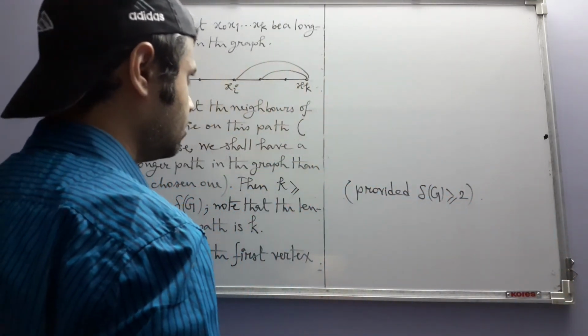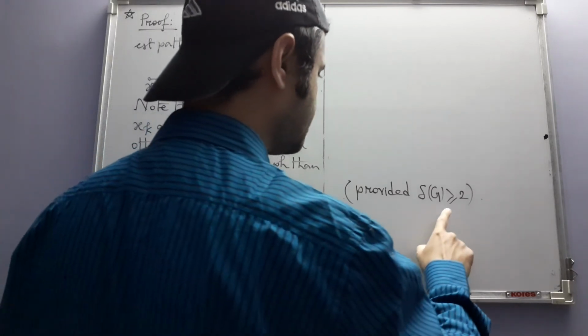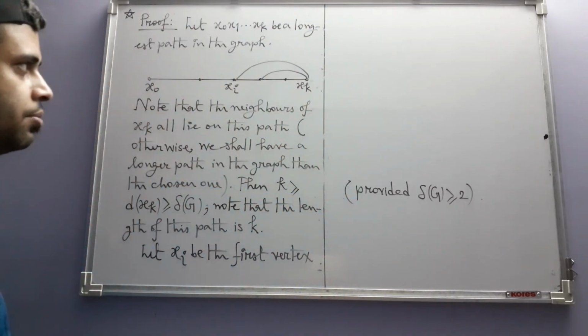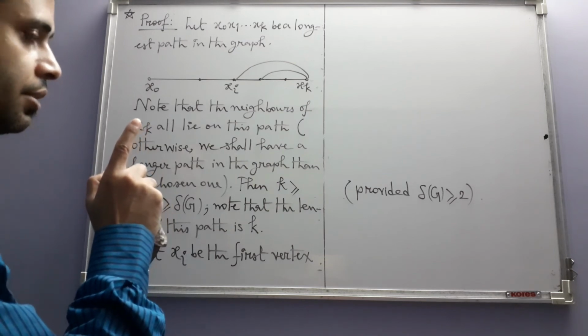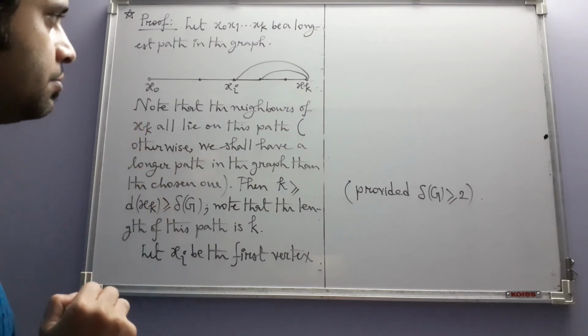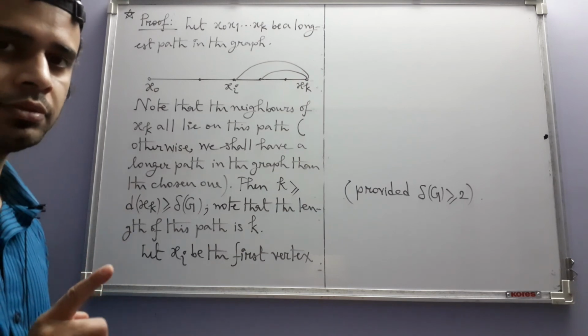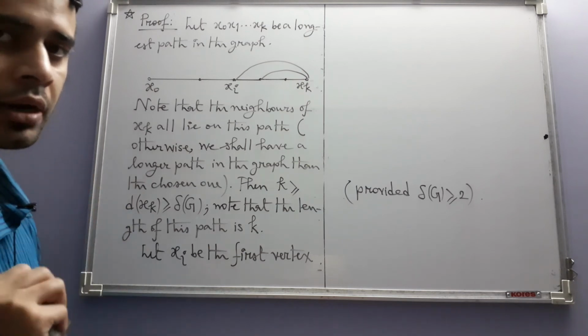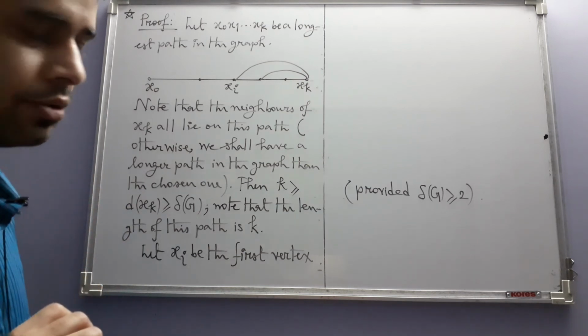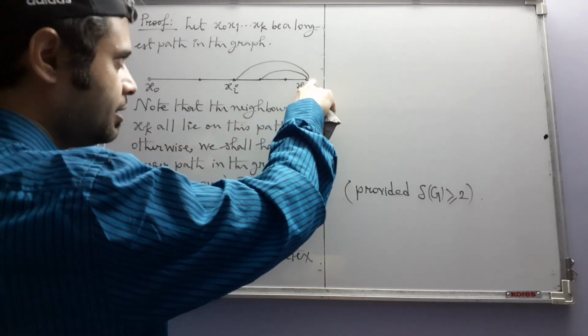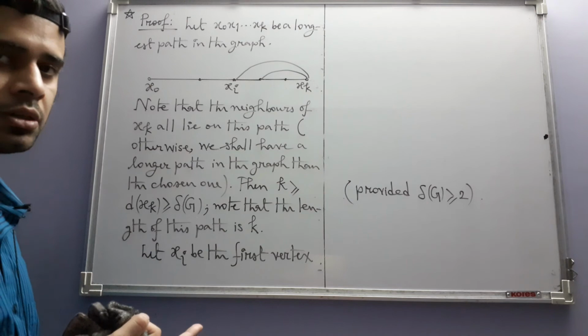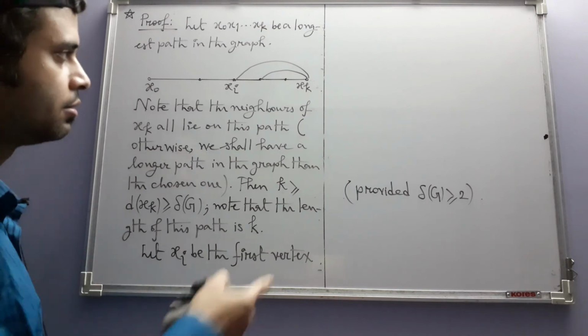Okay, now since delta g is greater than or equal to 2, that means there is no vertex of degree 1 or 0. In particular, xk itself cannot be a vertex of degree 1.